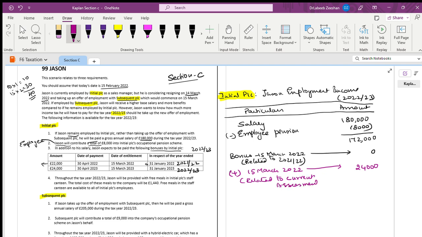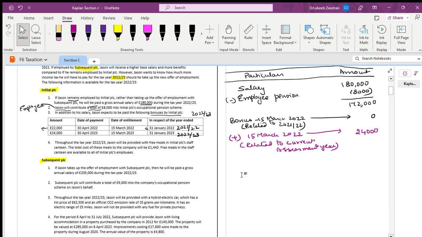We have to write, okay, this is for your understanding. Related to the current assessment. Tomorrow, the moment you are revising it, you should not have any doubt on that. Okay. Fine. Related to the current assessment.